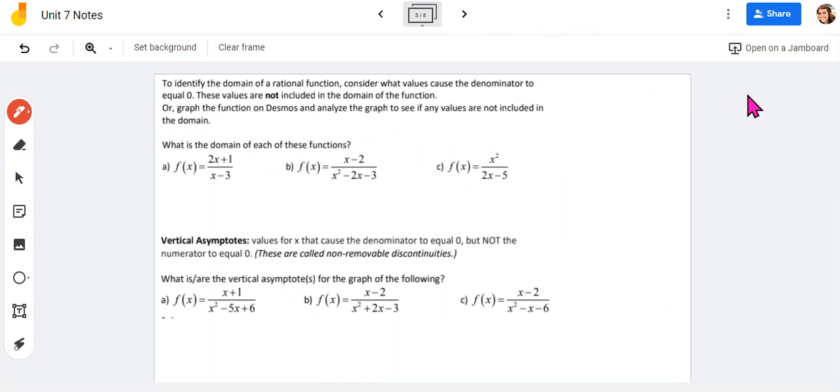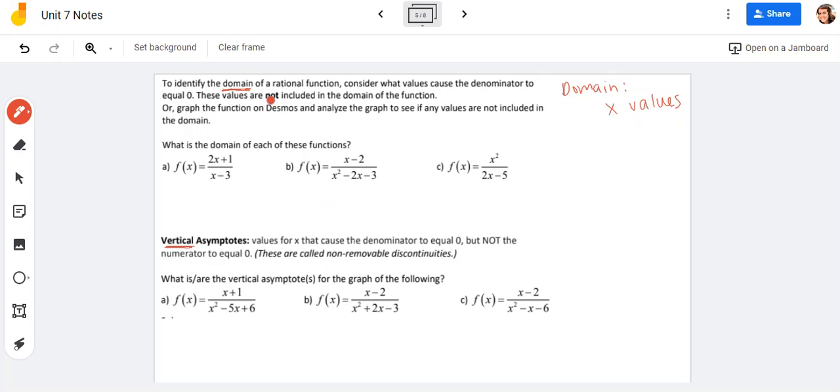All right, next up, we're going to talk about finding the domain of a rational function and how that kind of relates to vertical asymptotes. So domain, if you remember, the domain is the X values of our function. So for rational functions, there are going to be some places where the X value does not exist.